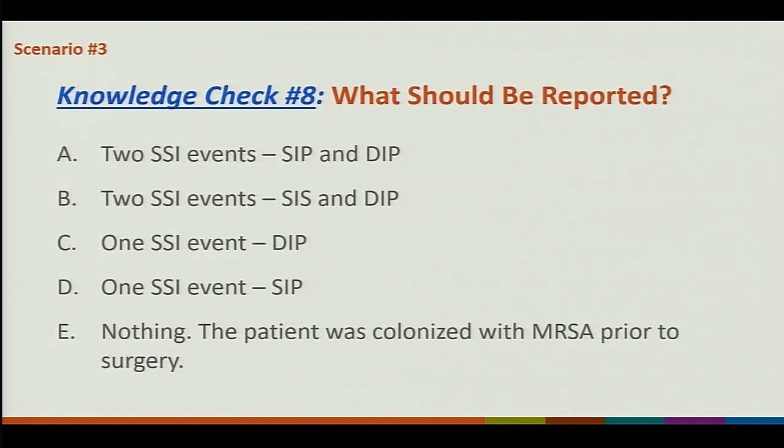What should be reported in this case? Do we have 2 SSI events here, a superficial incisional primary and a deep incisional primary? 2 SSI events, a superficial incisional secondary and a deep incisional primary? 1 SSI event, a deep incisional primary? 1 SSI event, a superficial incisional primary, or is nothing reported?